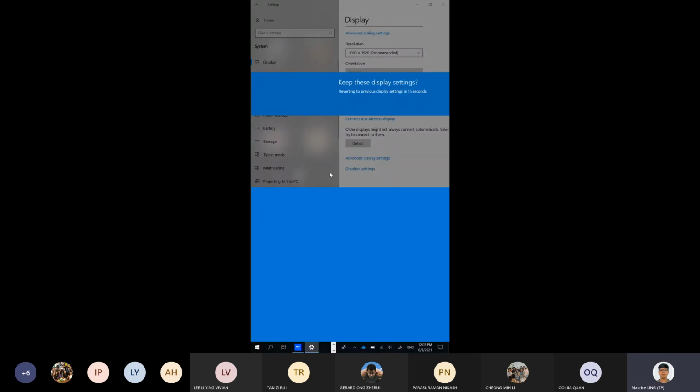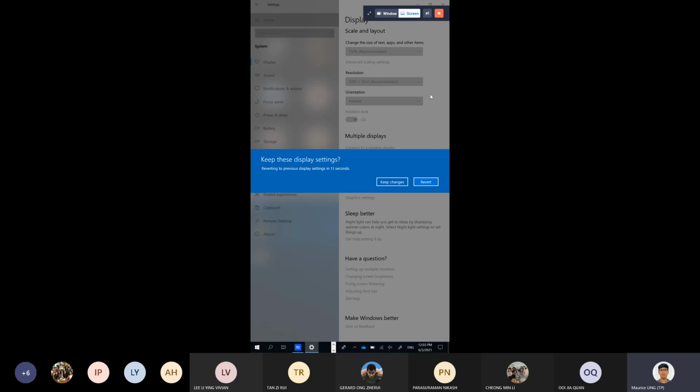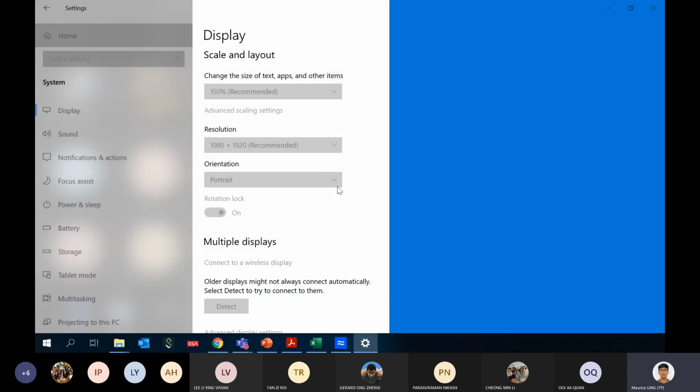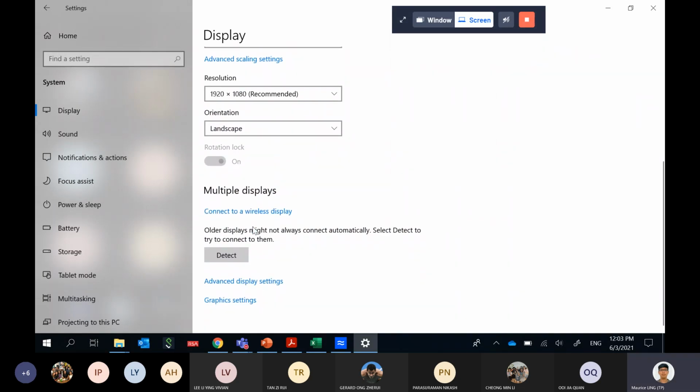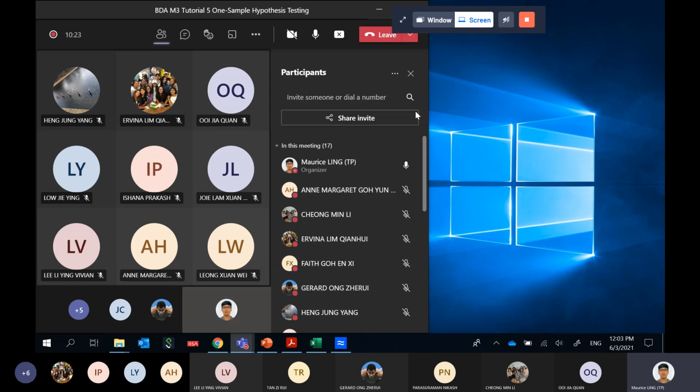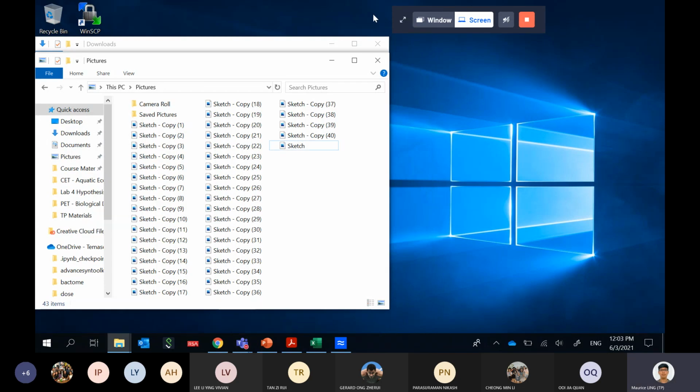Portrait. Nope, this is even worse. Oops. Revert. Now I'm in the wrong orientation. I can't even move my mouse properly. Anyway, it's in gray. So what has just happened? Anyway, doesn't matter. We'll see what we can do with this laptop. I'm going to have a hard time writing it. So anyway, let's get to it. Let's not waste time. You look cute.